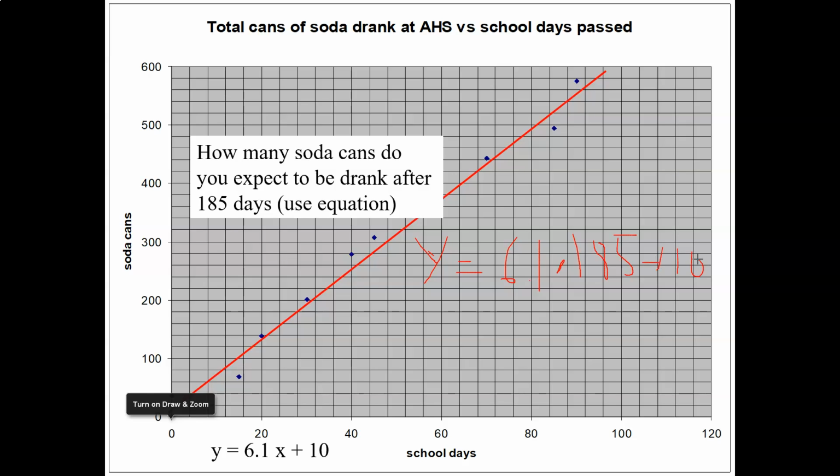At this point, it's just a simple math problem. So 6.1 times 185 plus 10 gives us about 1,139. So 1,139, rounded just a little bit, would be the answer to that problem. And again, the key thing is it gave us the x value. So when we were looking for the y, be careful with that so you don't do a problem the wrong way.